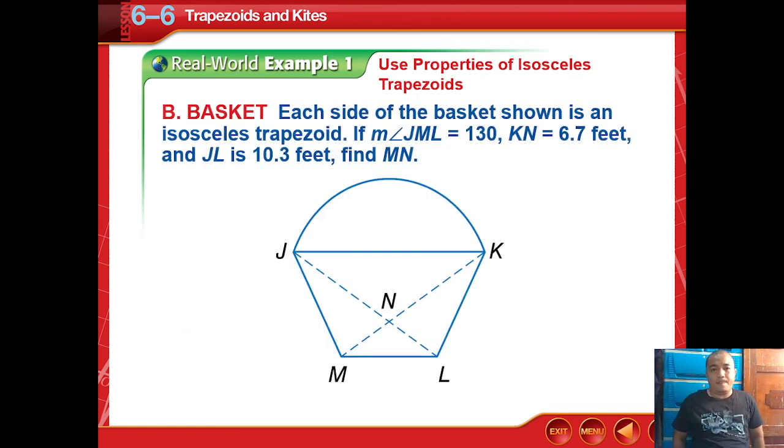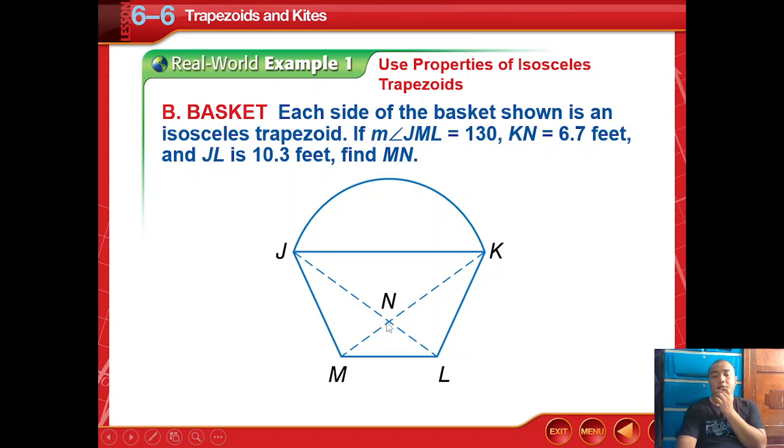Another one. Each side of the basket shown is an isosceles trapezoid. If the measure of angle JML is 130, KN is 6.7 feet, and JL is 10.3 feet, find MN.